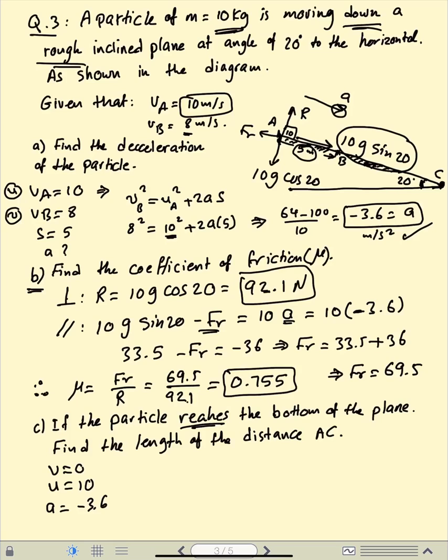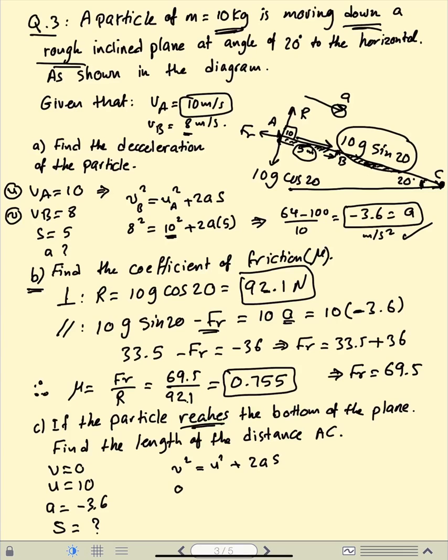What does he want? Find the distance AC, which is S in our language. In mechanics formulas, we want S. So what's the formula that relates S with A, with U, with V? V squared is equal to U squared plus 2AS.